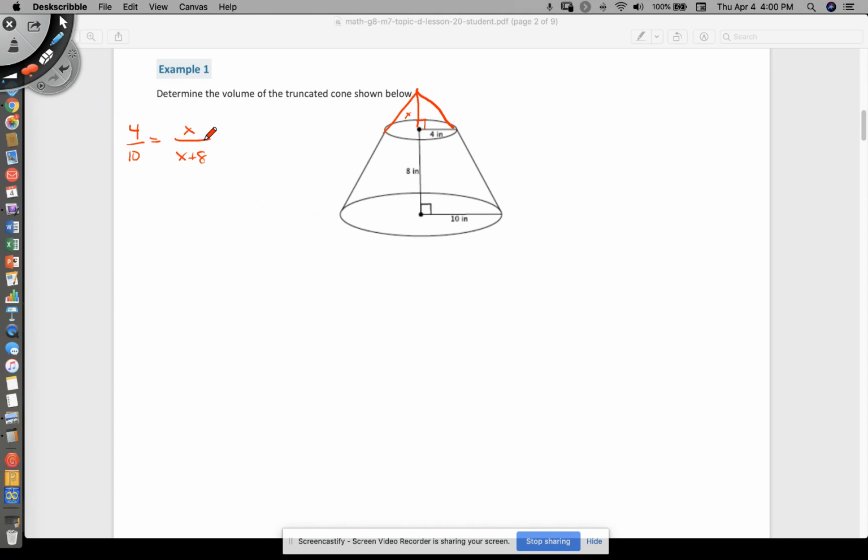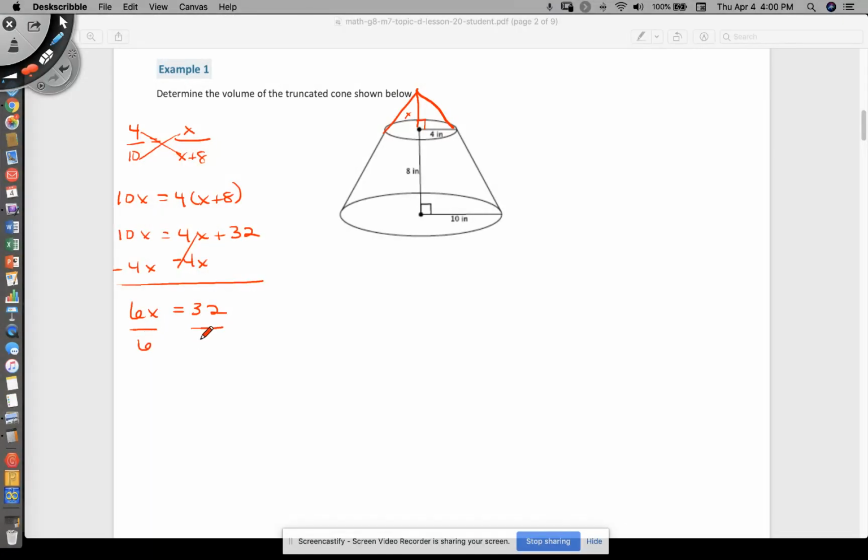Now, when you get this far, you're going to cross multiply. I get 10x here, and here I get 4 times x plus 8. So this is 10x equals 4x plus 32. I'm going to combine my x's, so I'm going to subtract the 4x from both sides. That cancels, giving me 6x equals 32.